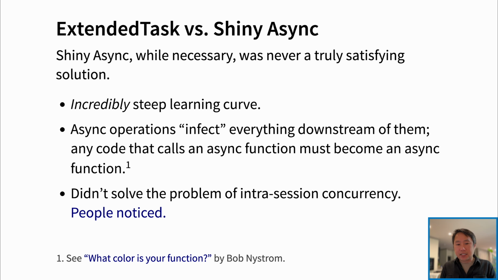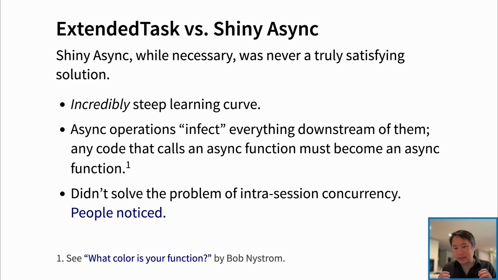So that was the biggest problem, I think, is that it was hard to use because of this sort of infectious property. But also, even if you went through all of that, if you learned how to use this syntax and learned how to deal with this sort of infectiousness that happens, all of that still didn't solve the problem of inter-session concurrency.